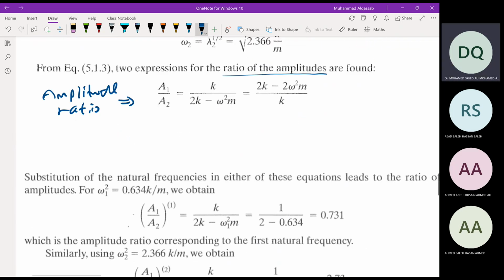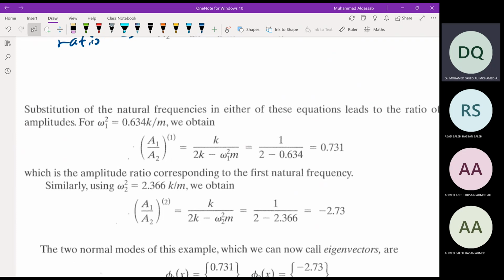Okay, so for the amplitude ratio for the first natural frequency, when omega equals omega 1, we find that A1 over A2 equals K over 2K minus omega 1 squared m. When you substitute for omega 1 squared, you will get a numerical value equal to 0.731, which is positive, as you can see.